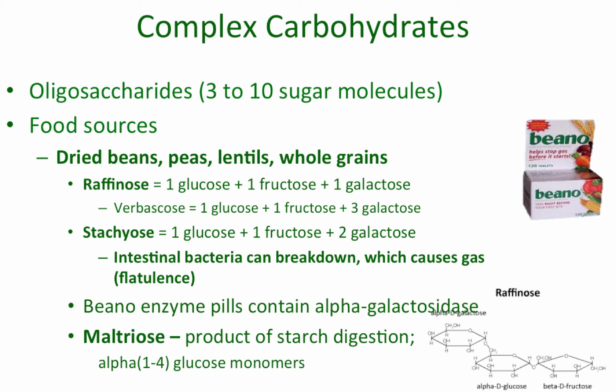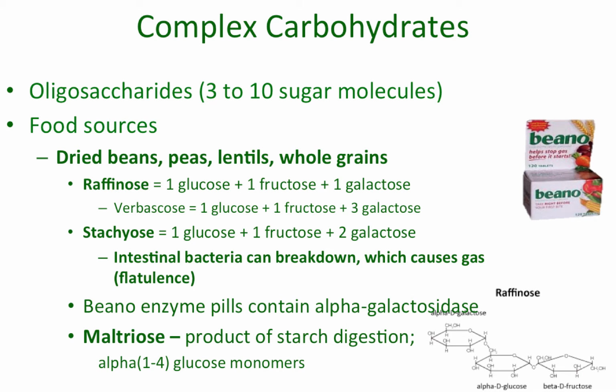There it is, okay. But to go back to the three previous ones, raffinose, stachyose, and verbascose, you'll note that these have pretty much the same overall composition, but they vary in terms of how much glucose, fructose, and galactose, but they all have galactose. That's the key thing here.